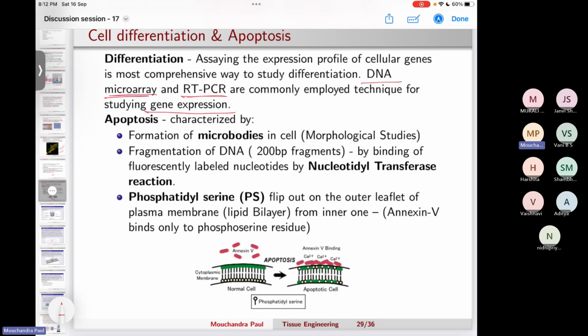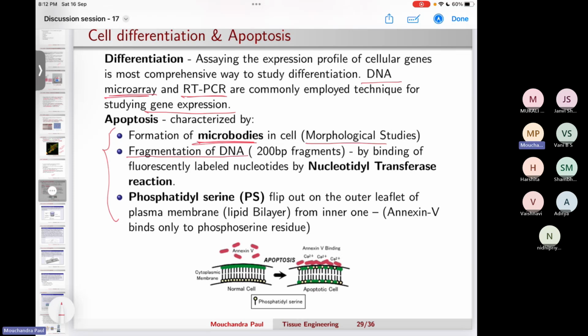So quantification of these characteristics is very helpful. Apoptosis is characterized by formation of microbodies. If you see microbodies forming in the cell, which is a morphological study, meaning the cellular morphology is changing when apoptosis is triggered, then you can confirm that your drug is effective and your cancer cells are dying through apoptosis. Also, there is the hallmark event of DNA fragmentation.